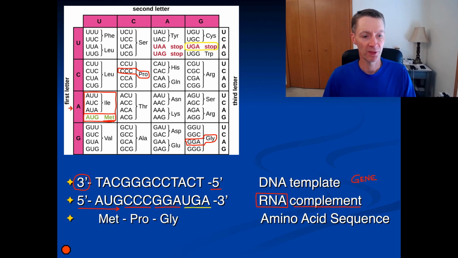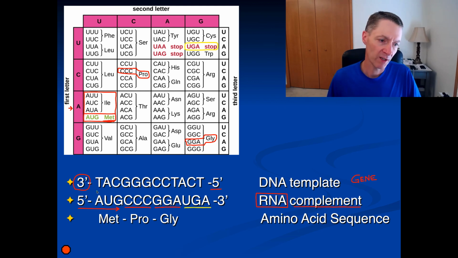We'd end up with methionine, proline, glycine. This is our amino acid sequence. So what we're doing is we're using these three nucleotide sequences and finding out the amino acid sequence. When we look at this sequence in the DNA, we usually just say it's a triplet.